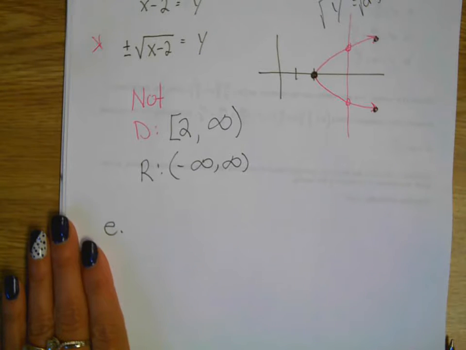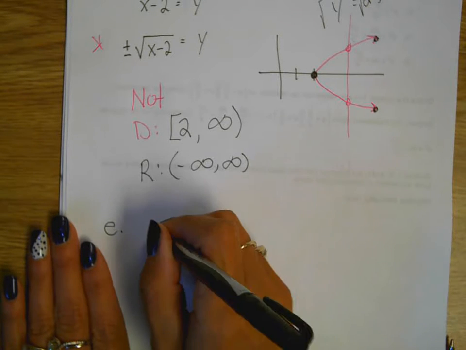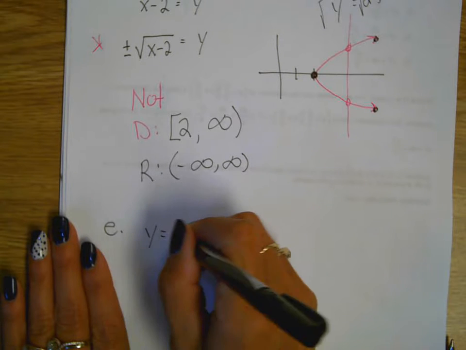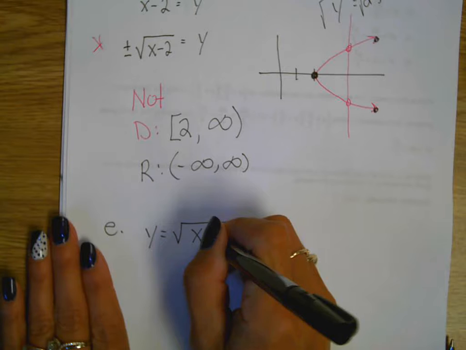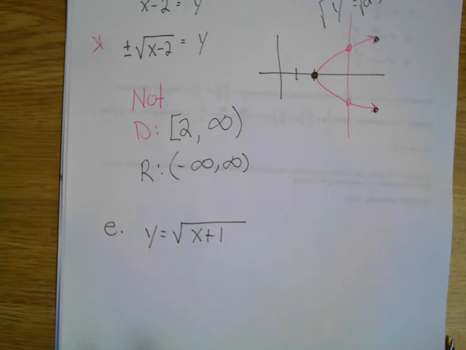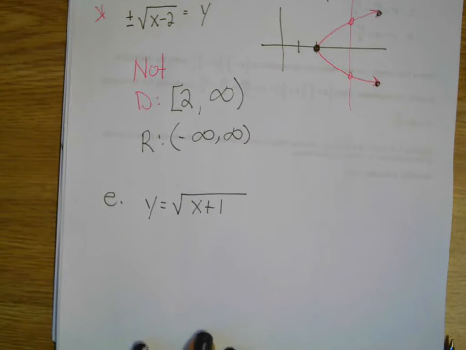And then one more, just to clear something up. Y equals the square root of x plus 1. What's that going to look like when we graph it? Adam? Half a parabola.